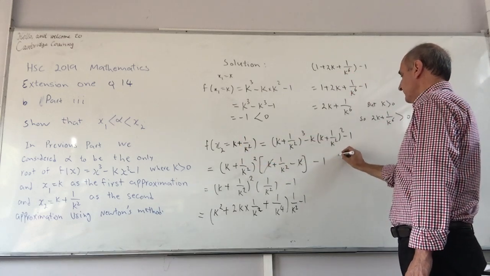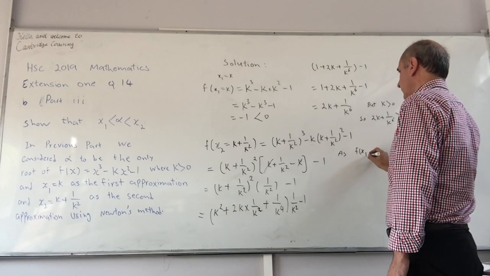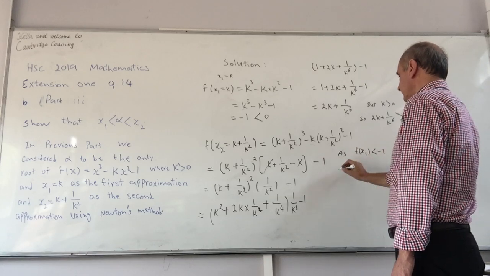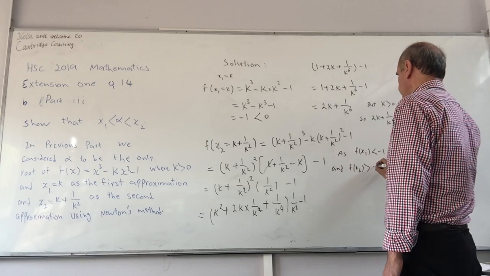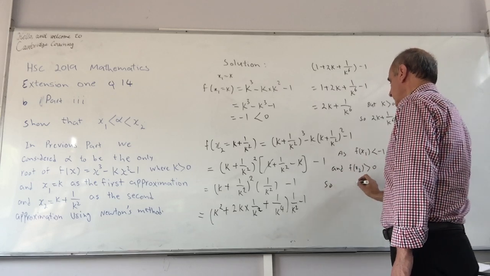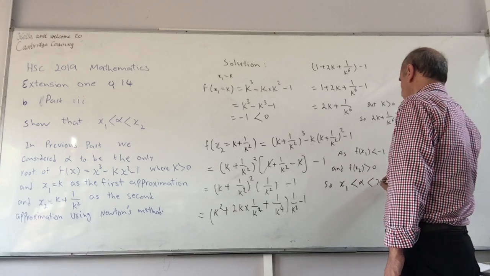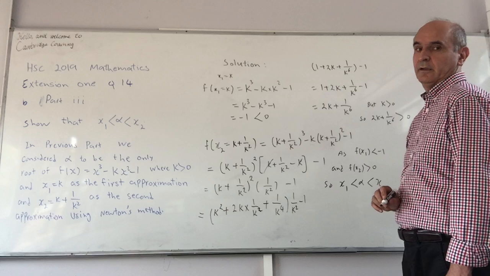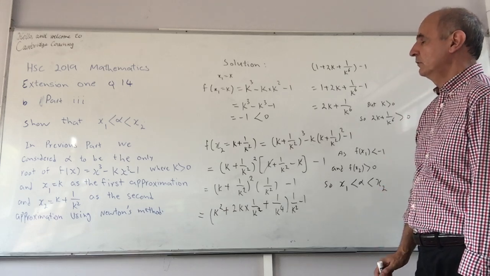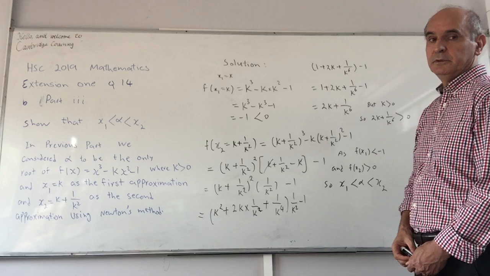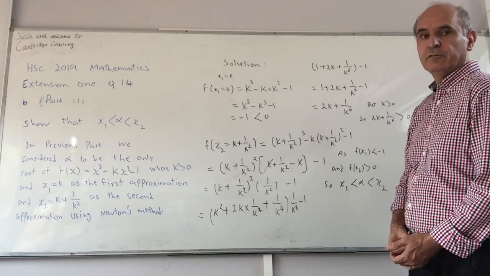Then we say, as f of x1 is negative and f of x2 is positive, alpha lies between x1 and x2. Okay, that is the solution for part B, I. Thank you for watching.